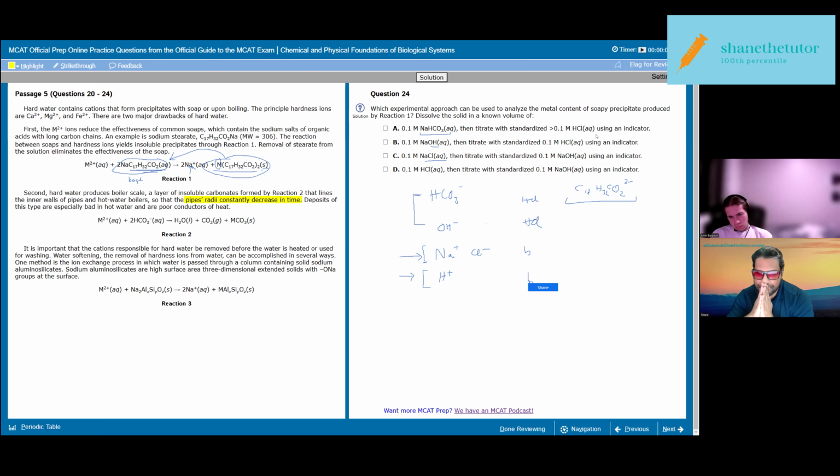Titrate with standardized base using an indicator. Okay.